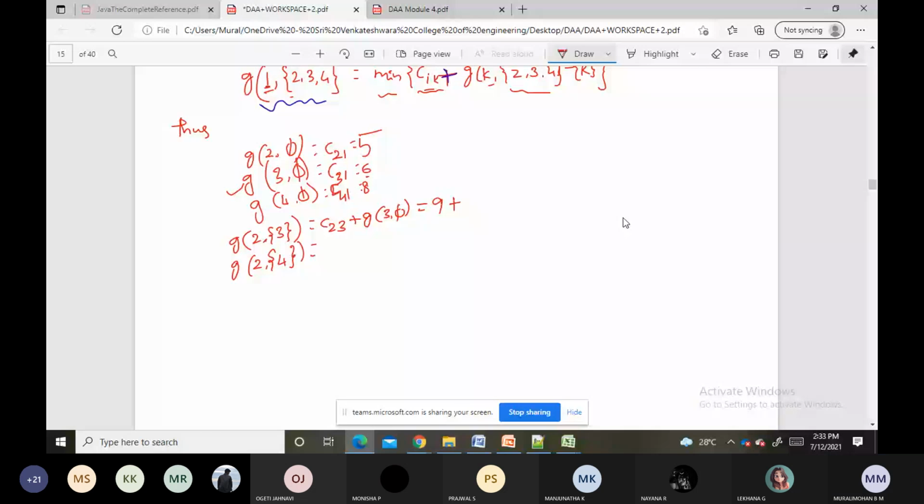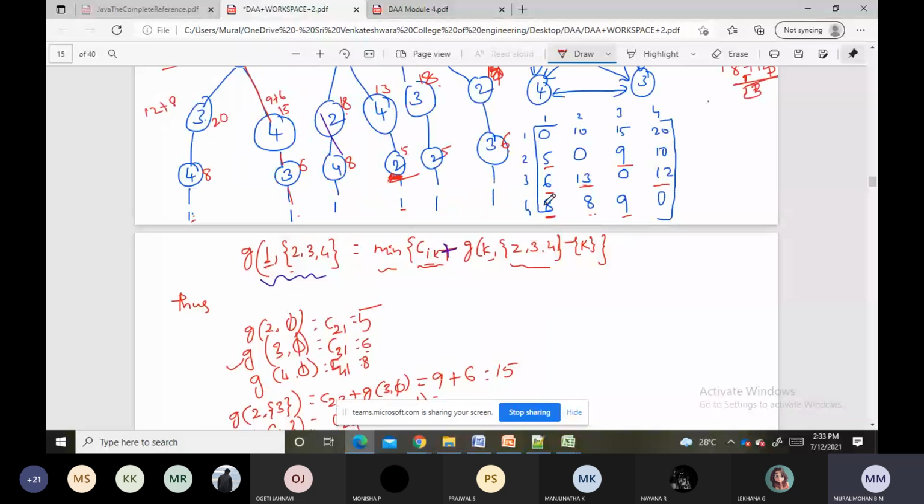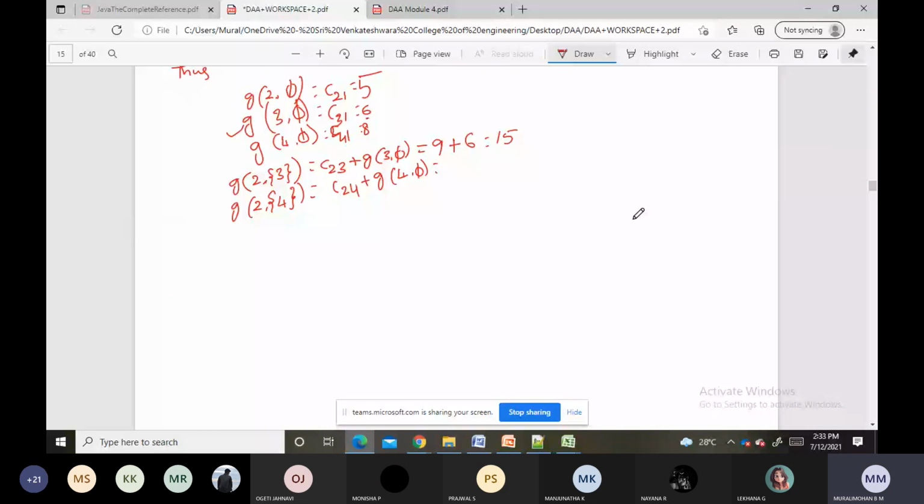Similarly, this one: C of 2 to 4 plus the cost of 4 to 1, that is 8. What is 2 to 4 we are having? 2 to 4 is 10. So it is equals to 10 plus G of 4 comma empty we are having 8. So it is equals to 18. That is what we got here.